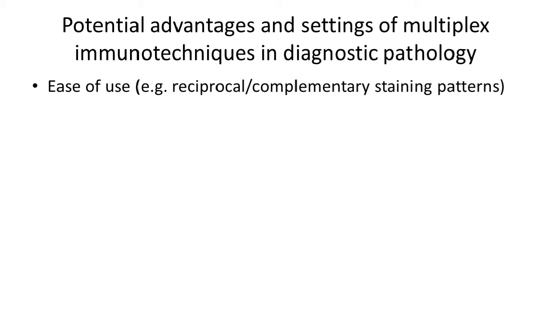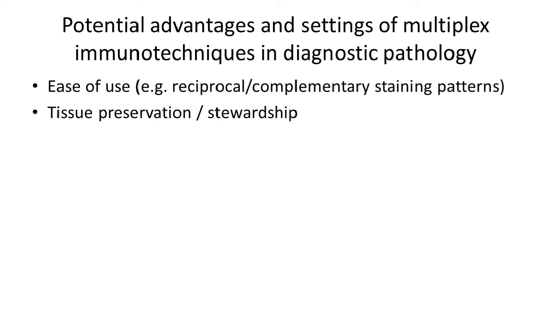So why would we be interested in multiplex immunotechniques in routine diagnostic pathology? Well, I think one of the main purposes could be ease of use, or the convenience of using different types of stains in one slide. This could be reciprocal staining patterns, or perhaps complementary staining patterns. We'll see that in a second.